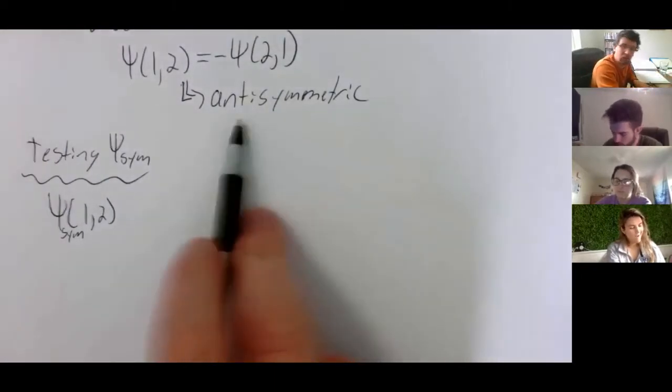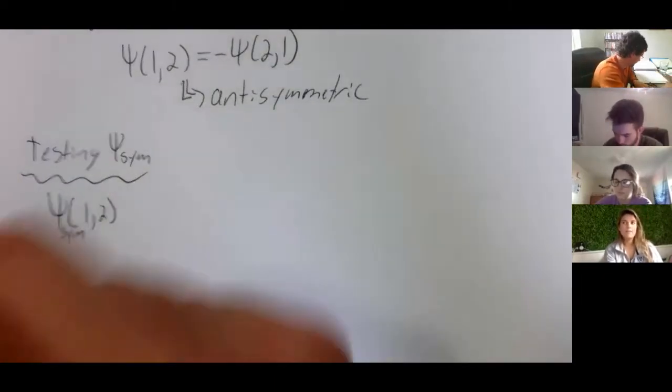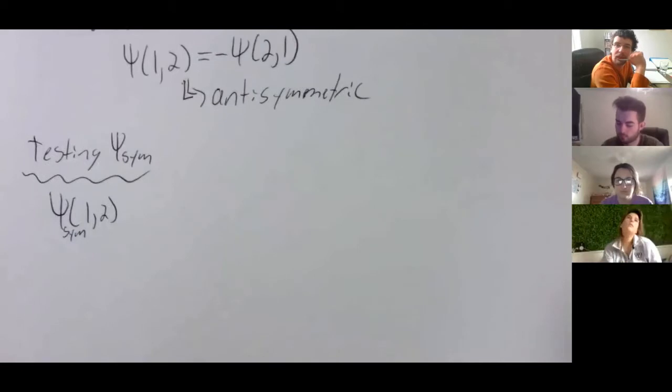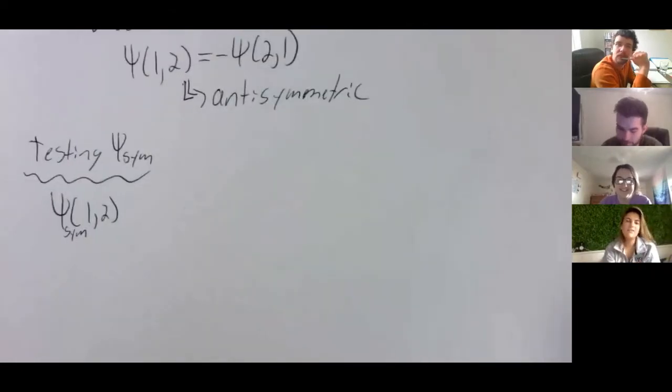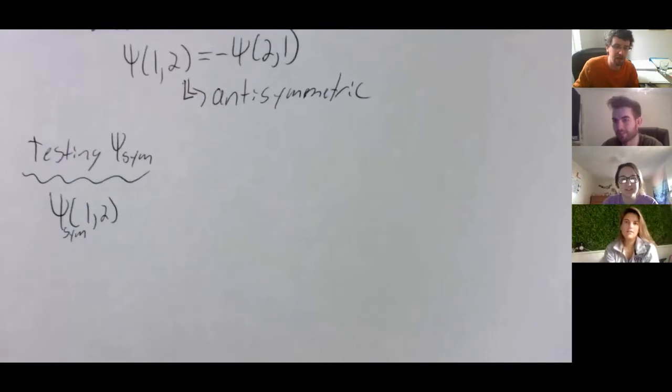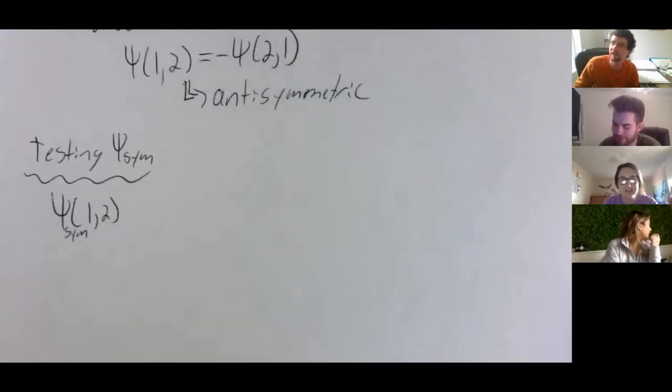I think it's just a shortened way of saying anti-symmetric. Oh wait, asymmetry says no symmetry, right? I think asymmetric is different from anti-symmetric. Hey Google, is there a difference between asymmetric and anti-symmetric?